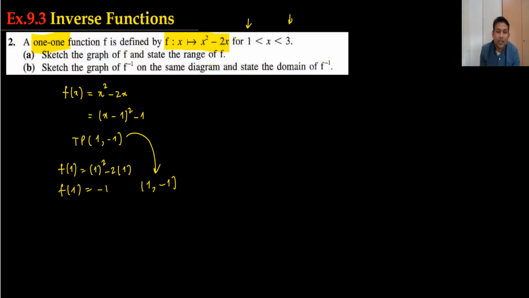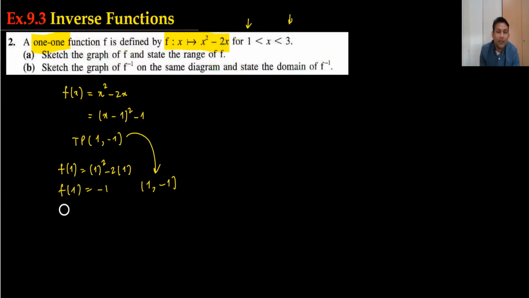When we have a quadratic curve, with 2 points of intersection, inverse is not possible. So this is very important. For example, if I have a graph like this, and I draw a horizontal line, it cuts at 1 point, meaning inverse is possible.